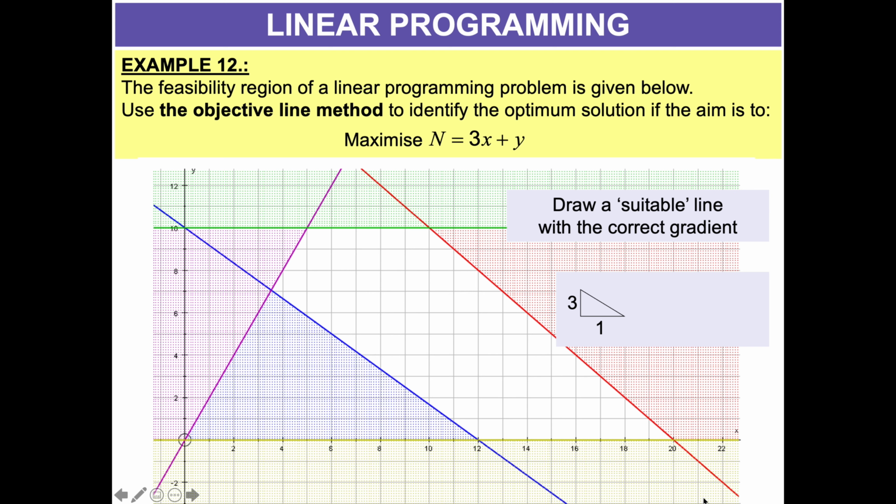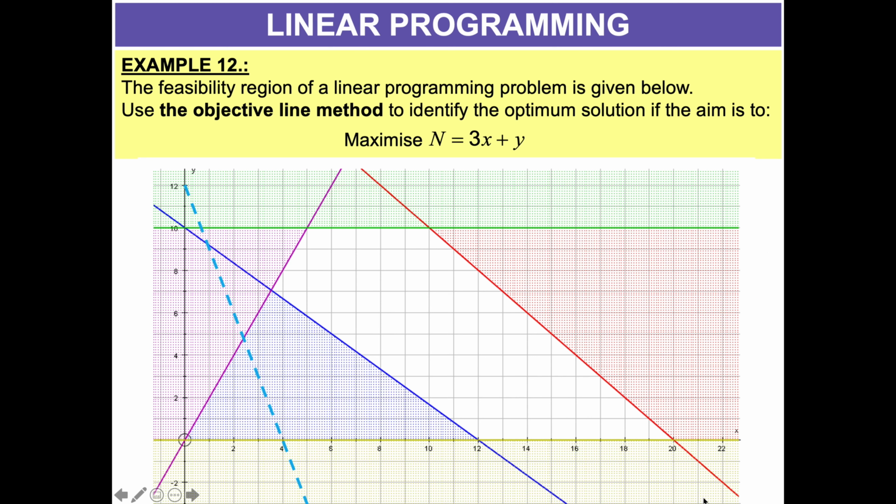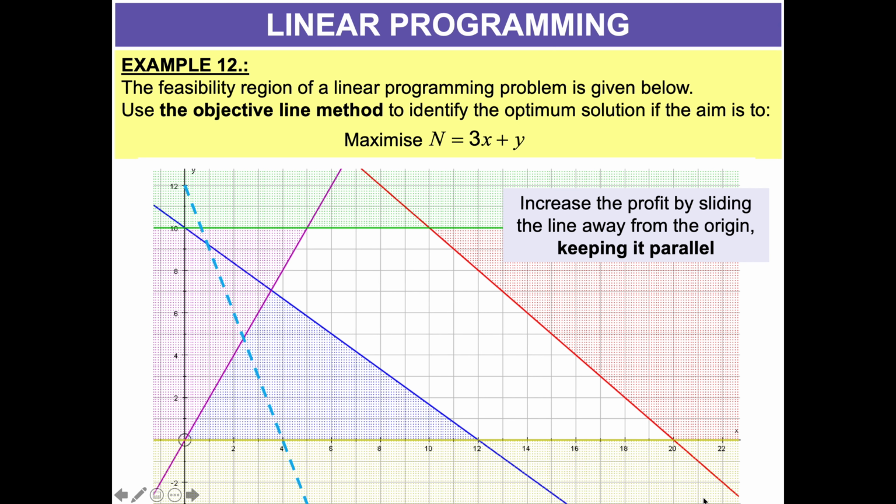So if you look at the scale, you could draw 3 and 1, but the line would be in the lower corner close to the origin, and it would be kind of short, but feel free to do it. I think it's better to use 12 and 4 with this scale on the picture. So if you have 12 on the y-axis and 4 on the x-axis, then this is your initial line. You know that you need to maximize the n, that means increasing the profit, and you also know that when you are increasing the profit you have to move away from the origin and you have to keep the line parallel.